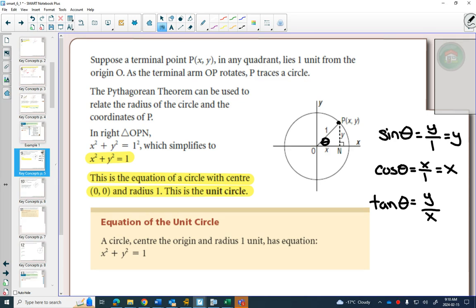What this does is give us our first big idea. If a point is anywhere on this circle, we could call it x comma y, but we could also call it cos theta comma sine theta, because the x is equal to cos theta, and the y is equal to sine theta.